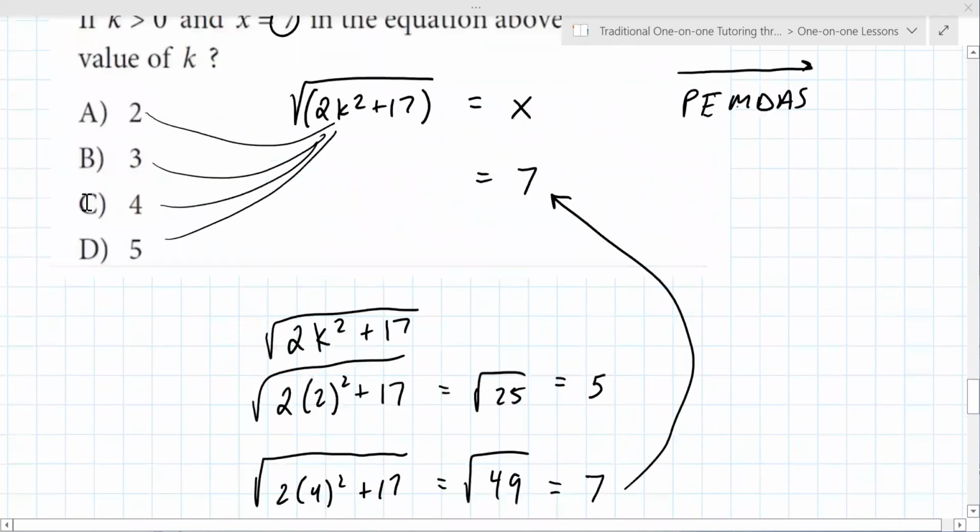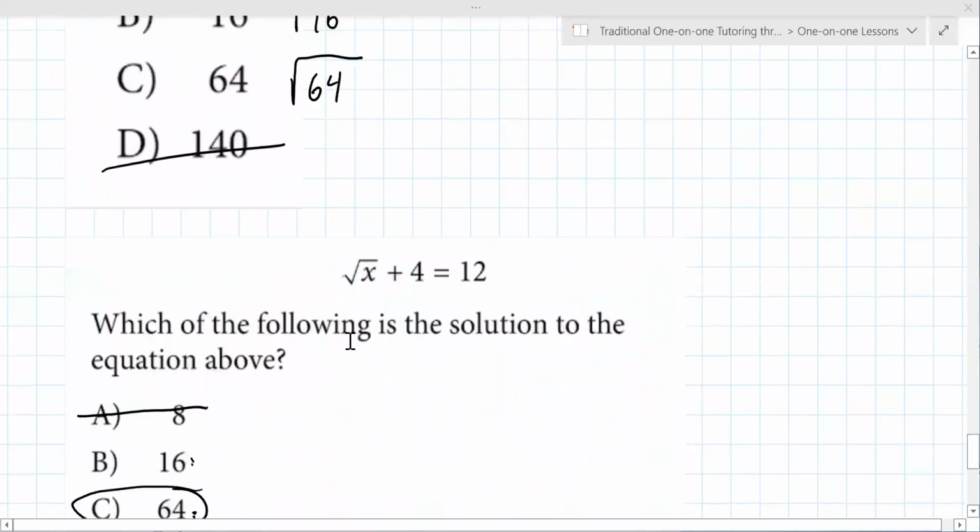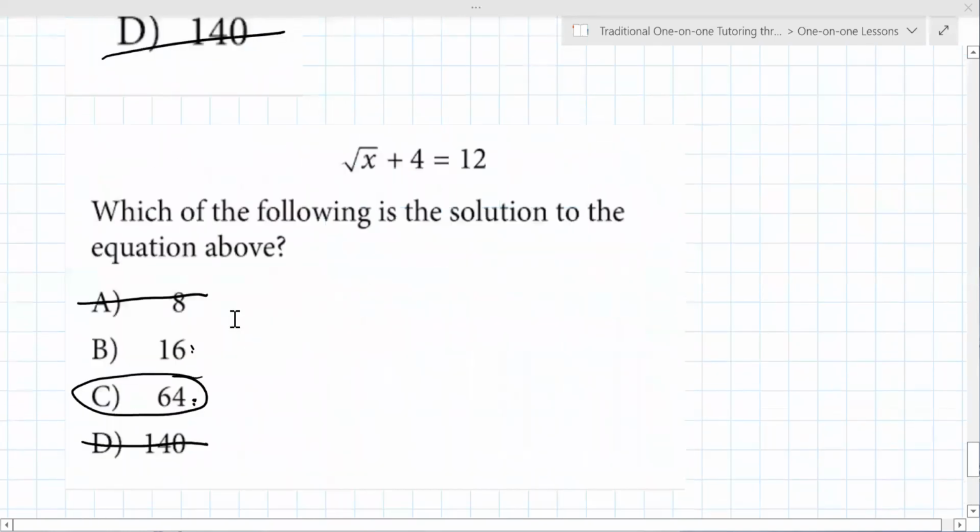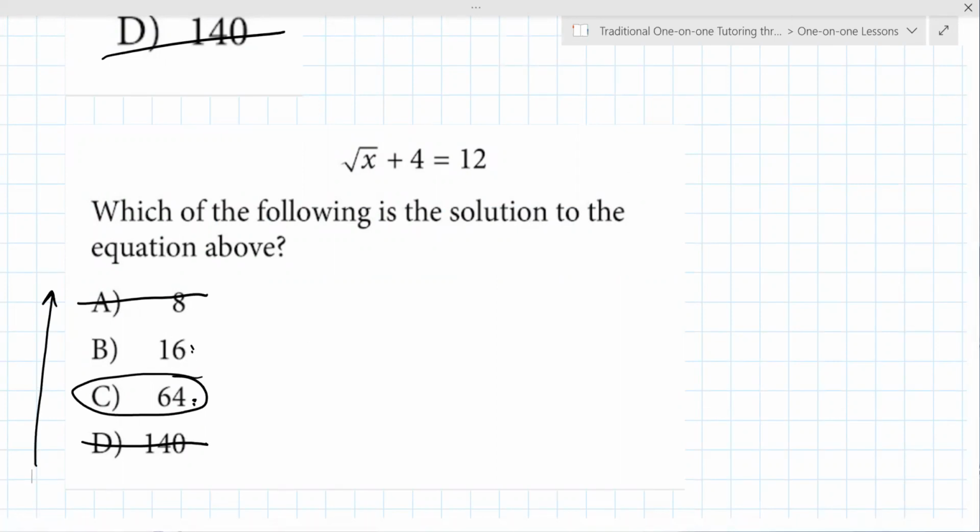I think this one was C. So whenever you see "which of the following solutions," I would tell you to start from the bottom up as the strategy. Not every one will work, but when you truly have to look at the answers, it's designed in such a way where they want you to try A, try B, try C, and then get to D. You can shortcut that if you know what we're doing here with this approach.